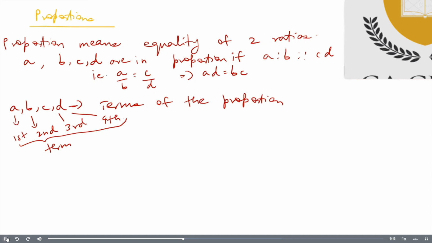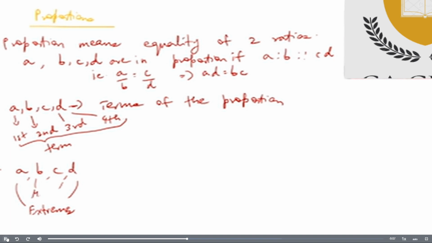And A and D are called the extremes. B and C are called the means or the middle terms.